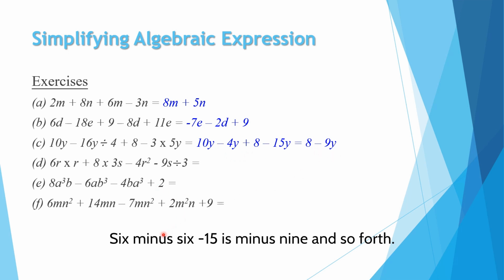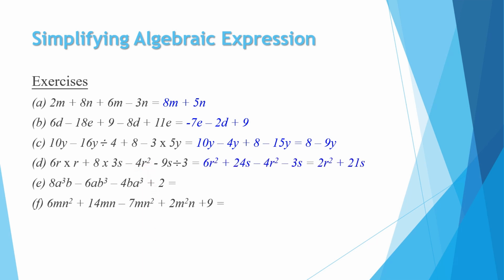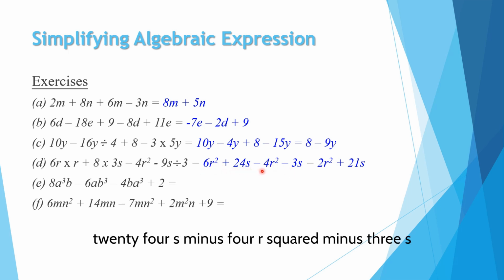And so forth. We can see from part D, 6r times r would be 6r squared. And then this 6r squared would be like terms with minus 4r squared. So the next step can be 6r squared plus 24s minus 4r squared minus 3s, because 9s divided by 3 is minus 3s.